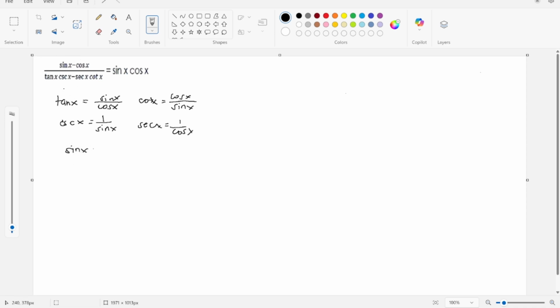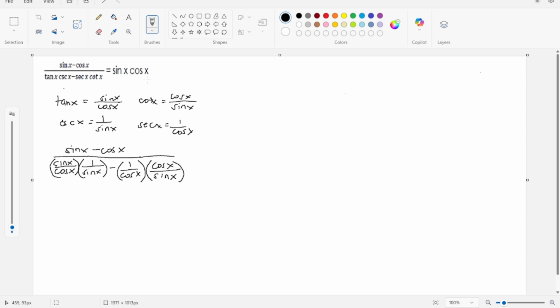Sine x minus cos x over tan x is equal to, so kopyahin lang natin yan, sin x over cos x, then we multiply it to 1 over sin x minus secant naman 1 over cos x, and then cot x is equal to cos x over sine x.